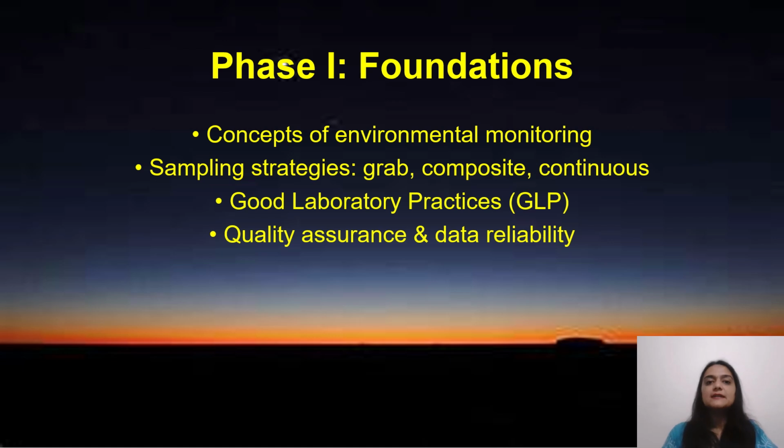This is the first phase of the course, and in the first phase, we will focus on basic concepts of environmental monitoring, highlighting the significance of sampling strategies like grab, composite, and continuous sampling. It also emphasizes good laboratory practices and quality assurance for reliable data collection and analysis.